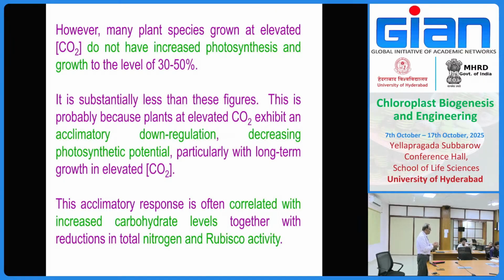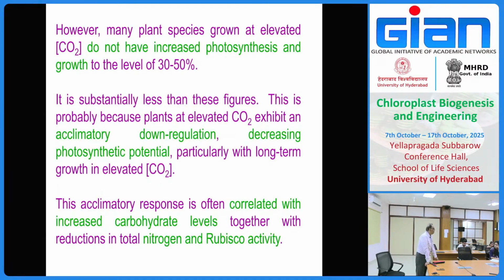I can divert my amino acids to other useful proteins. Do you understand that? The plant therefore reduces Rubisco content in its leaf. So Rubisco concentration, not always but in many species, is reduced in a high CO2 environment.